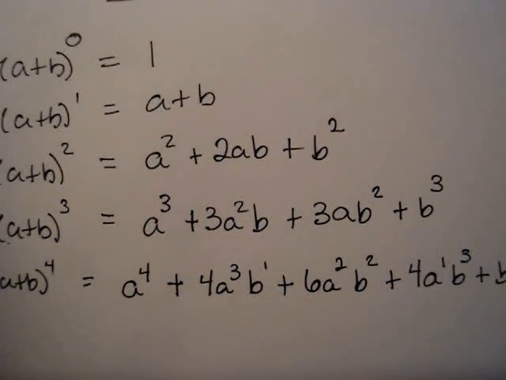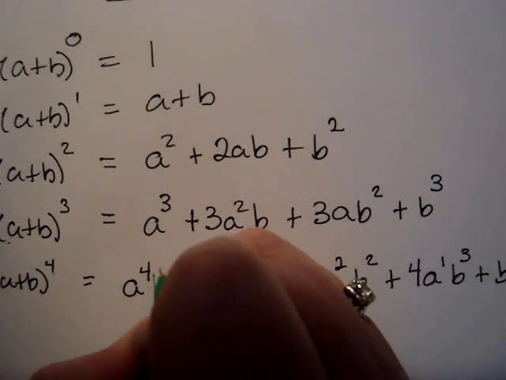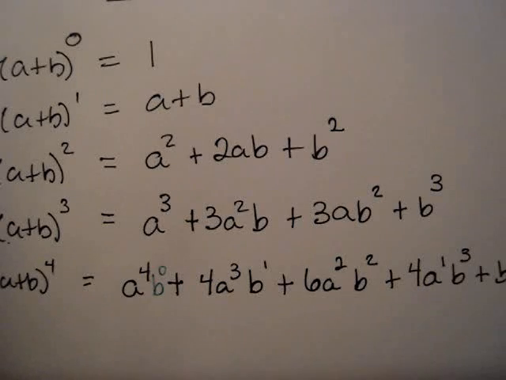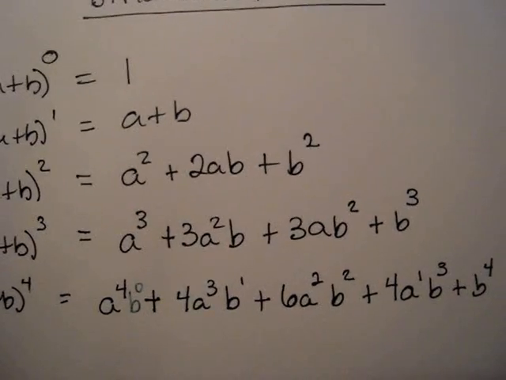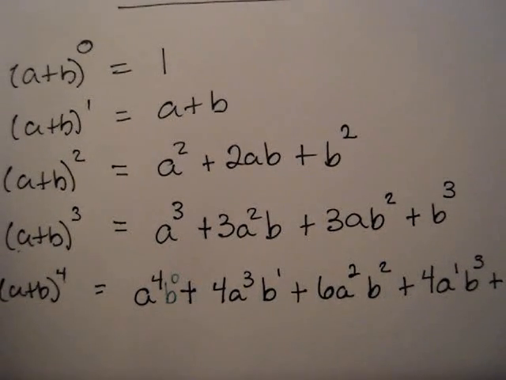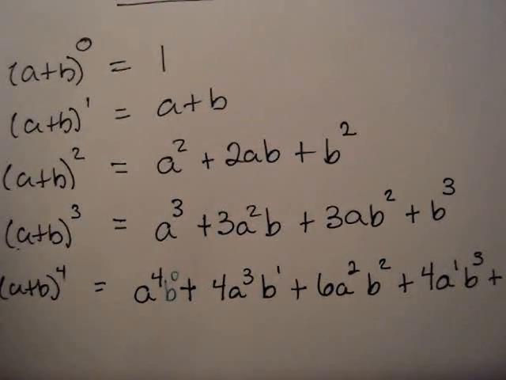If there's no b, we can think about it as b to the 0 hidden here, can't we? So it's like a to the fourth, b to the 0, because we know b to the 0 is just 1. Then the exponent on a goes down by 1, and the exponent on b goes up by 1 for each term as we go, until we get b to the fourth, which is where we have to stop because that was the original exponent.